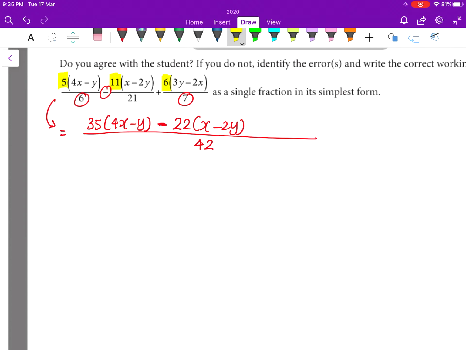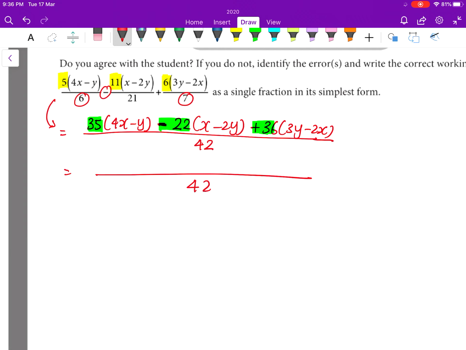Therefore, 6 multiplied by 6 as well will give me 36. 3y minus 2x. Okay, let's simplify further. Let's expand in all the numbers, like 35 multiply in, minus 22 multiply in, 36 also multiply in.